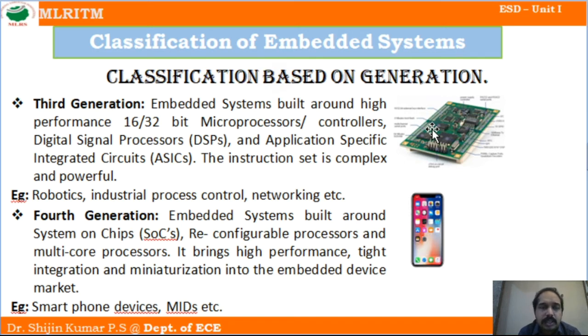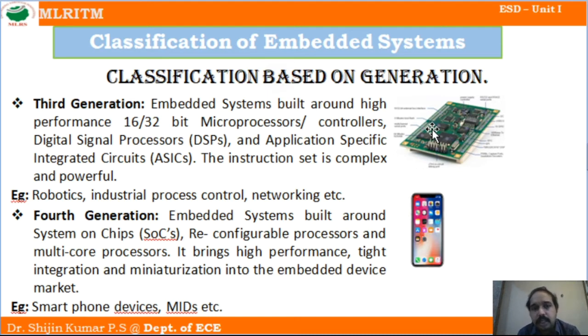These types of processors brought high performance, tight integration, and miniaturization in the embedded system market. Tight integration means that in a small area, so many components are integrated. All the devices became small. For example, previously we used a big telephone, but nowadays we carry the telephone wherever we go, or smartphones.